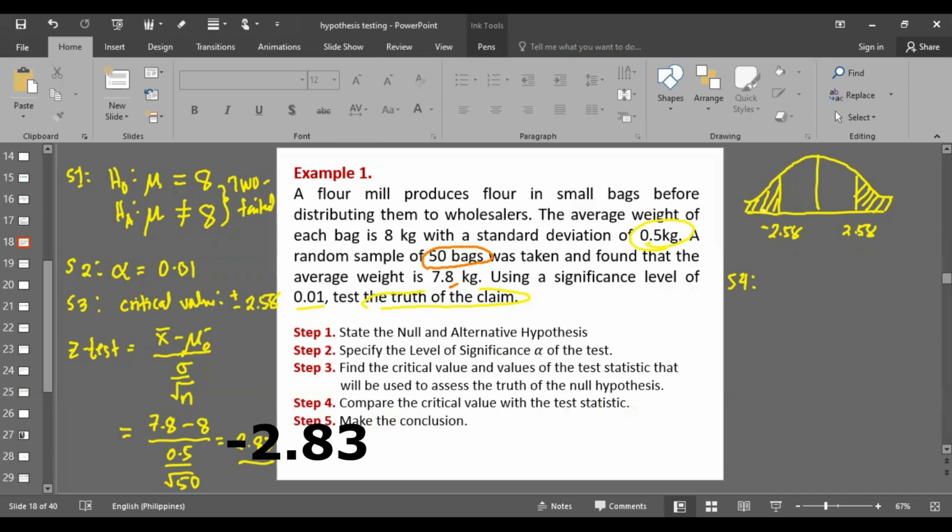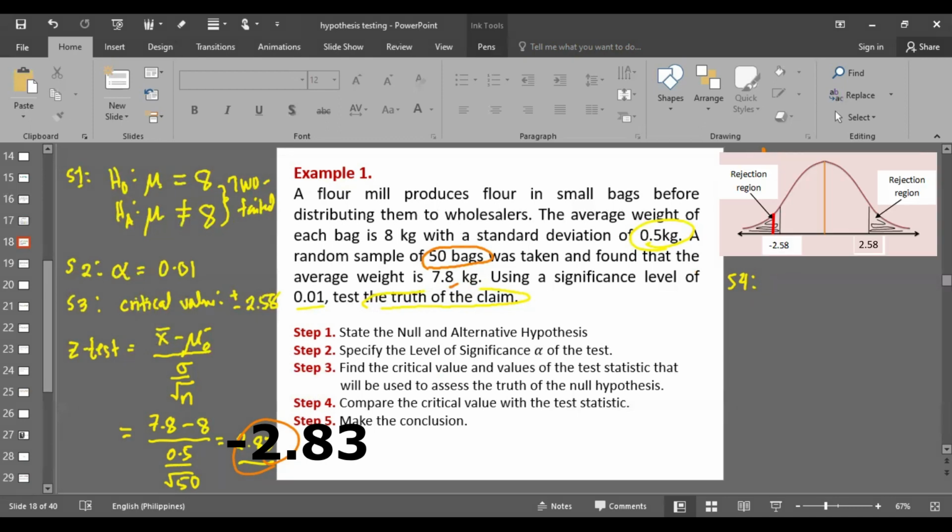Magfo-fall ba sa rejection region or sa non-rejection region si test statistic? Take note, this is the non-rejection region and these parts are the rejection regions. Nasaan kaya si 2.83? Magfo-fall ba siya sa rejection region or sa non-rejection region?